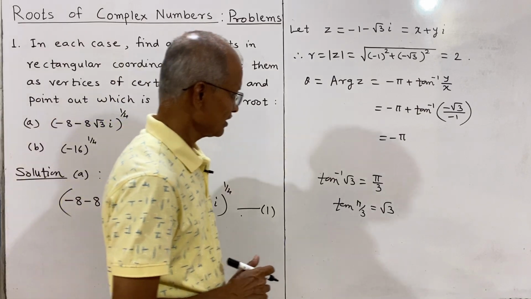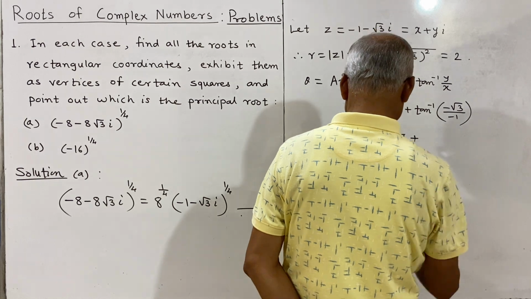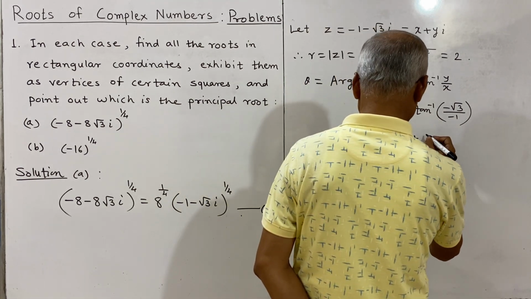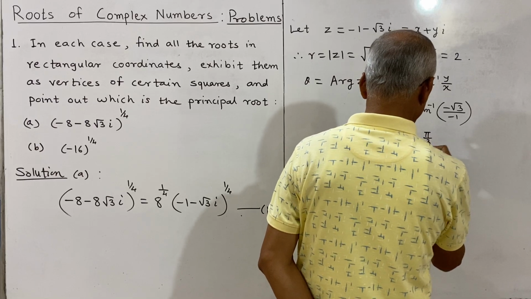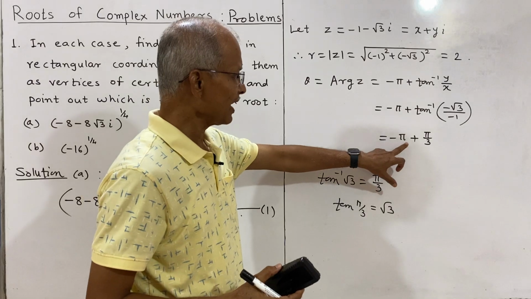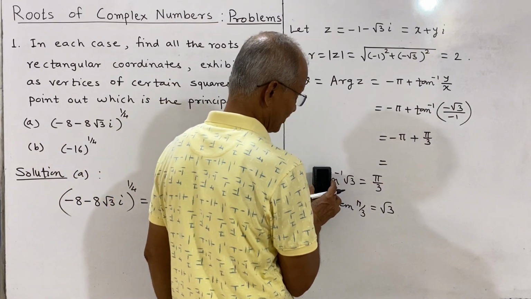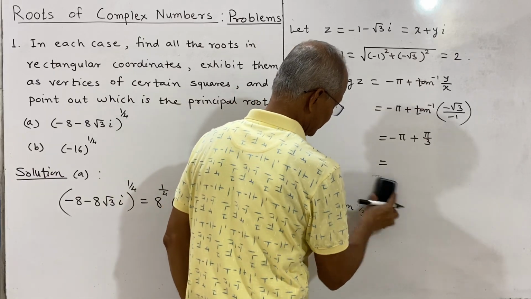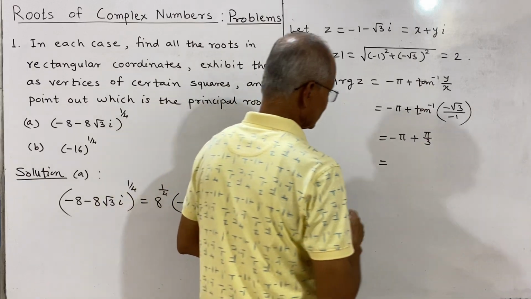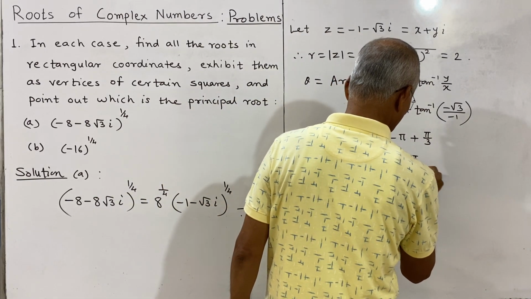So it is −π plus π/3, and therefore this is −3π plus π over 3, it is −2π/3.